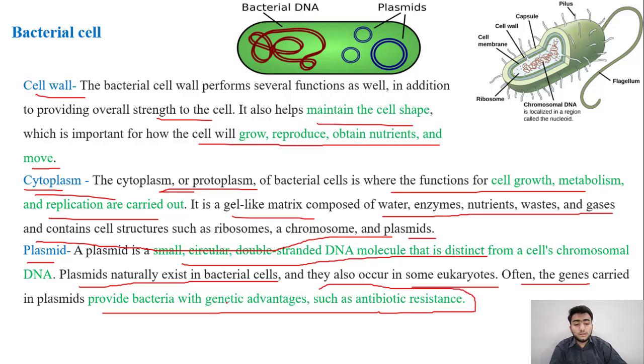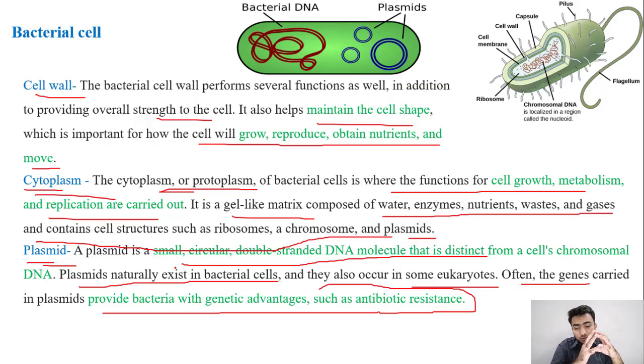So I told you that in extreme or abnormal conditions, bacteria can survive because of this plasmid, which is a circular double-stranded DNA, and it has genes that allow it to respond to harsh or extreme environmental conditions.